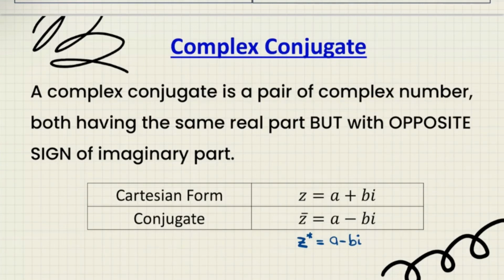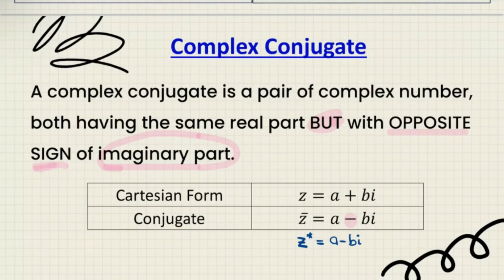A pair of complex number, dia adalah a plus bi jugalah. Tetapi both having the same real parts, but it has the opposite sign of the imaginary part. Okay, so apa maksud dia? Contoh, kalau kita punya Cartesian form adalah a plus bi, so the conjugate of this form adalah a minus bi. So yang berbeza dekat sini adalah sign dia sahaja.